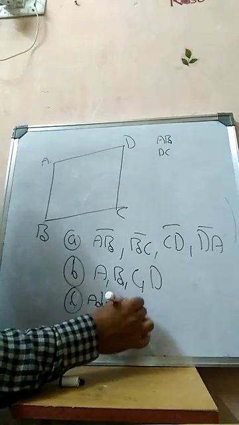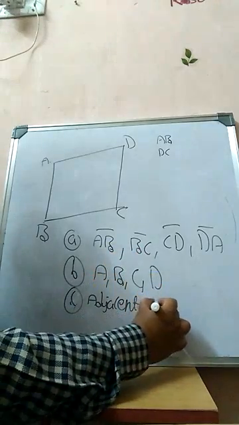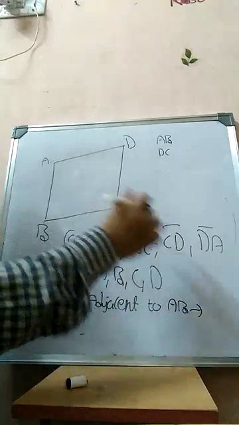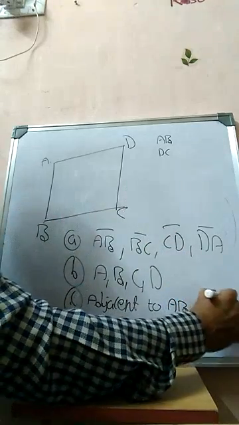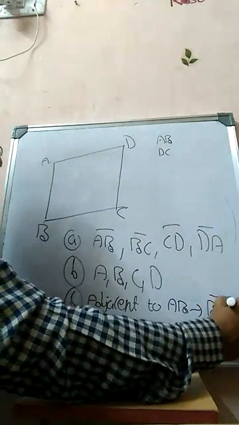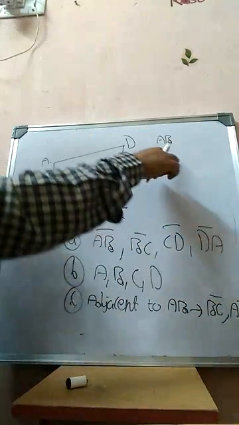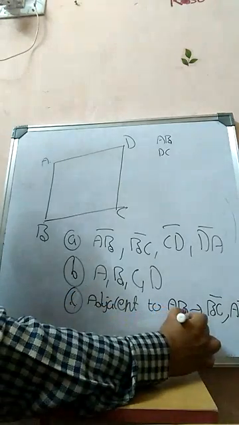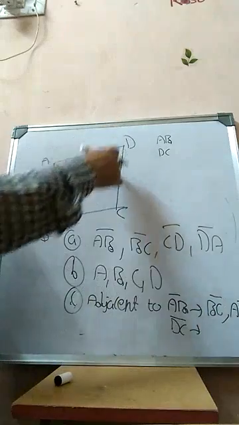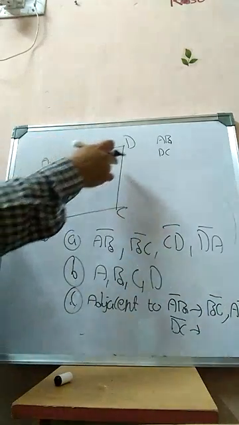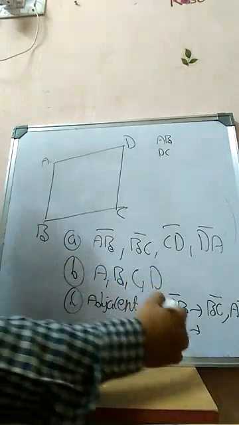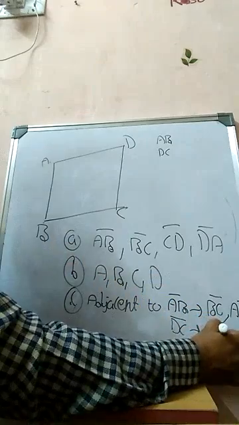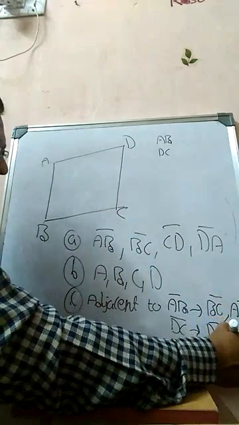And adjacent to DC. Where is DC? Here it is. One is DA, another one is CB or BC.